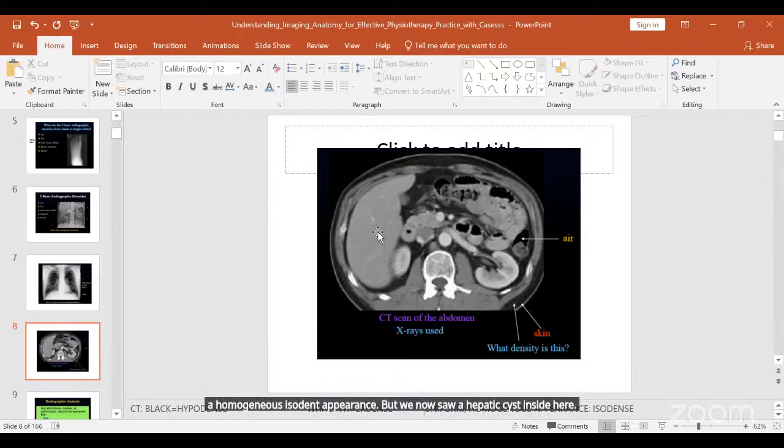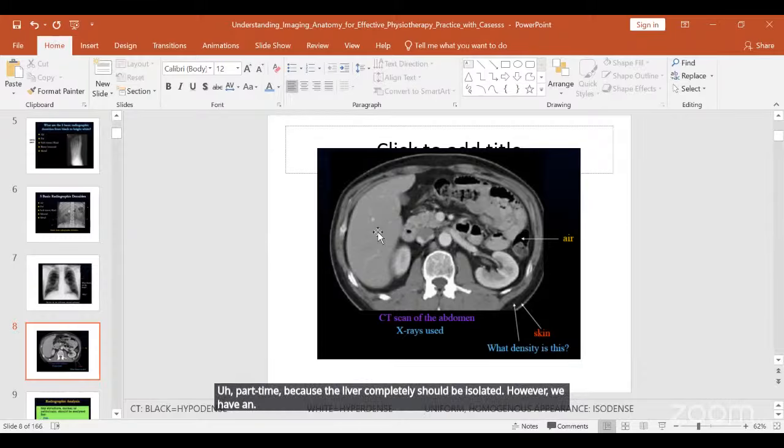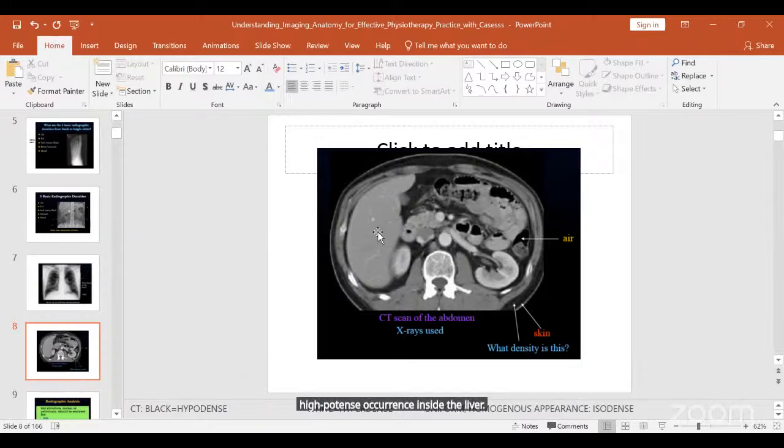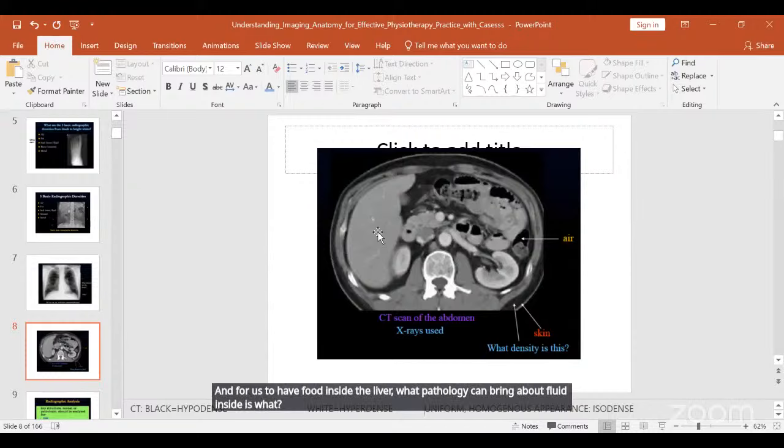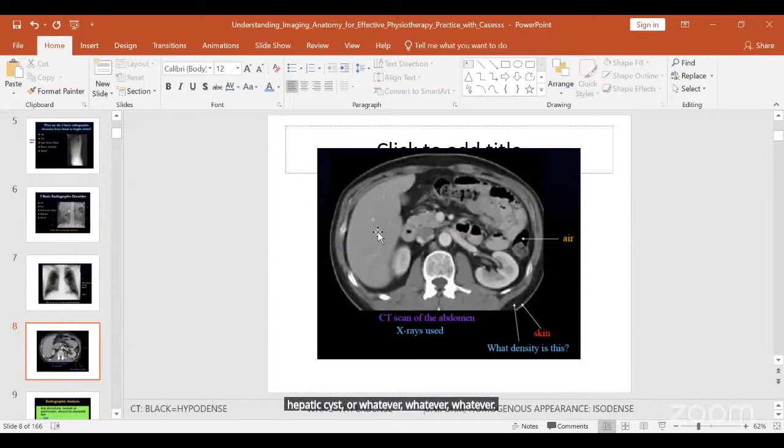There shouldn't be this fluid appearance inside the hepatic parenchyma because the liver should be isodense. However, we have a hypodense appearance inside the liver. So that is abnormal. For us to have fluid inside the liver, what pathology can bring that about? Hepatic cyst or whatever. I will not give the differentials. Are we together, please?